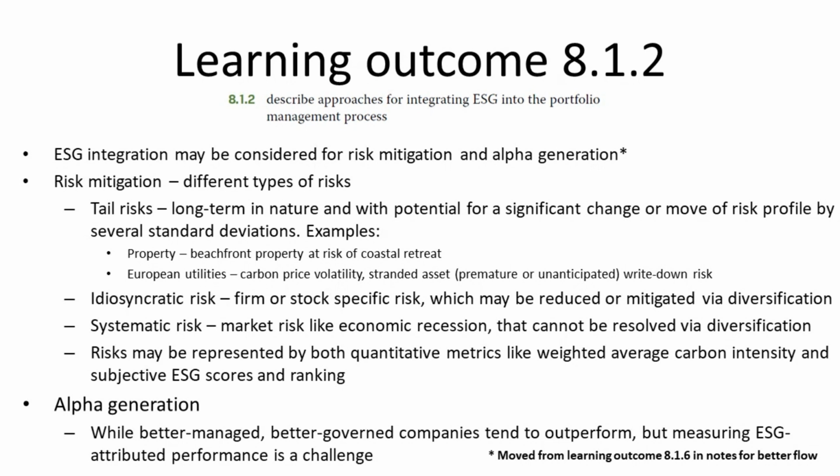Examples include a beachfront property at risk of coastal retreat, and for European utilities, carbon price volatility and stranded asset risk. Stranded asset risk means premature and unanticipated write-down risks.